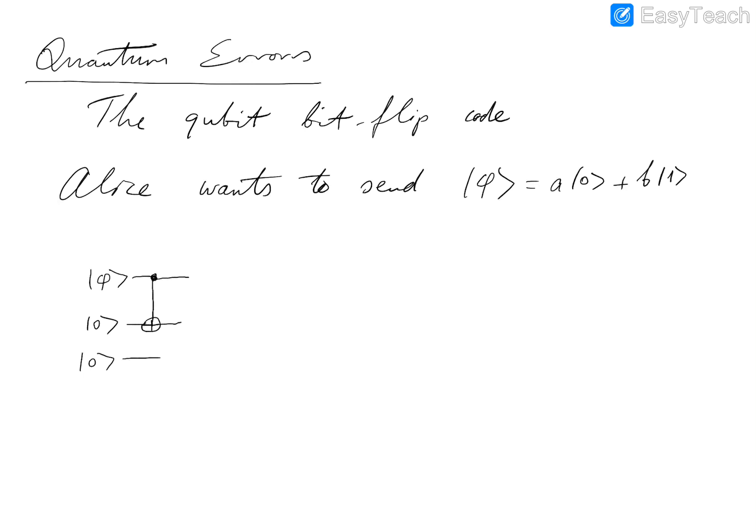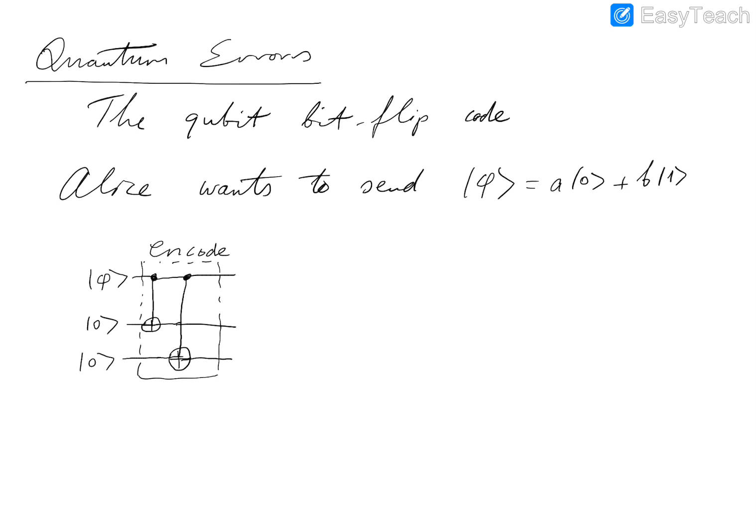And then she also takes the first qubit as the control qubit and applies the CNOT transformation on the third qubit. So this is the encoding stage. Our qubit phi is encoded into a 3-qubit state.